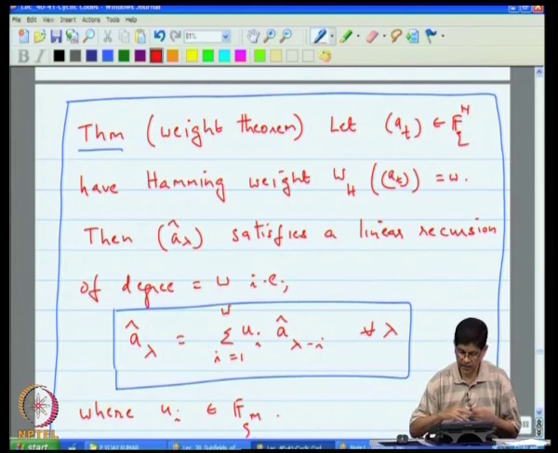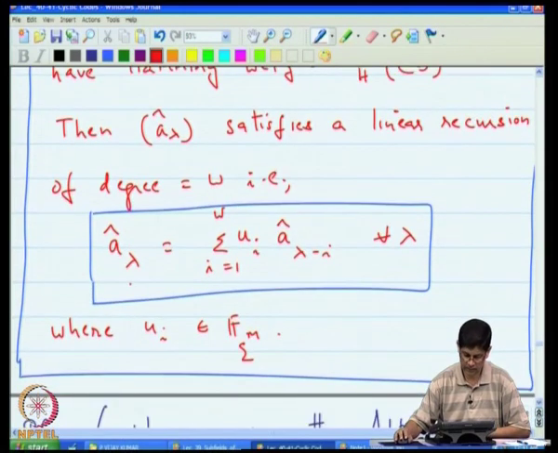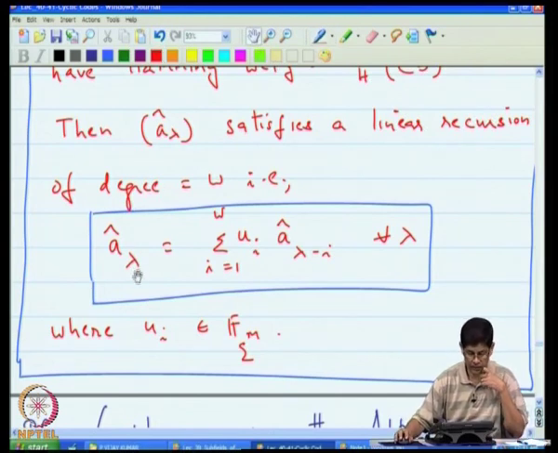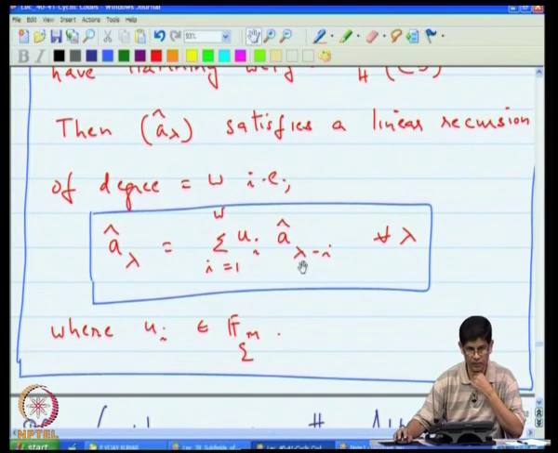So, what does that mean? It means precisely what this equation says here, that is, you can recover the transform values at any frequency lambda by looking back in the past at the past w values of the transform.